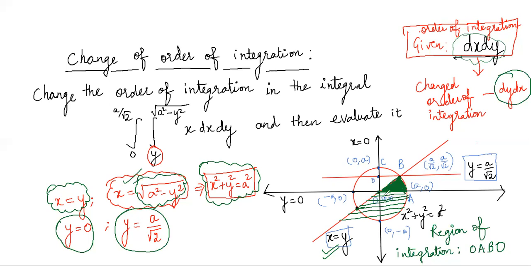Now for this changed order of integration, we will be considering strips to find the limits. Because if we are changing the order, then the limits will also change. So for finding the new limits as per new order of integration, we will be considering strips parallel to suitable axis in the region of integration, which is here OABO.